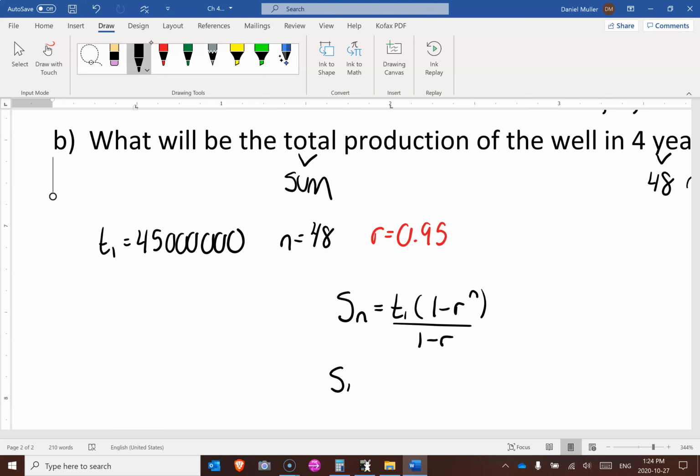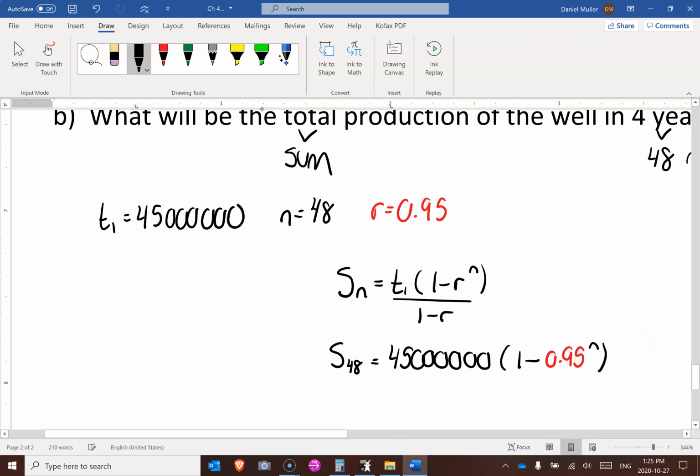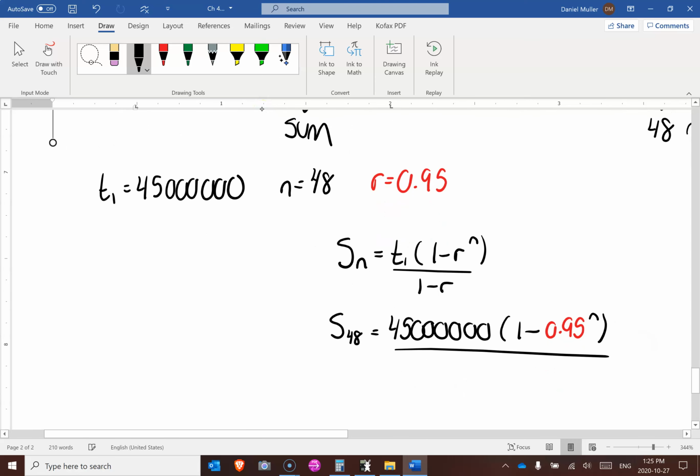S48 equals 45 million times 1 minus 0.95. Now I don't need to keep that in brackets. I think I said that before, just because that is not negative, so I'm just going to leave it. And then 1 minus 0.95.